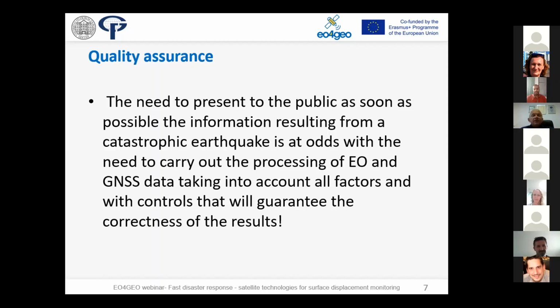But in the case of disasters, we don't have this possibility because we want to deliver this information fast.